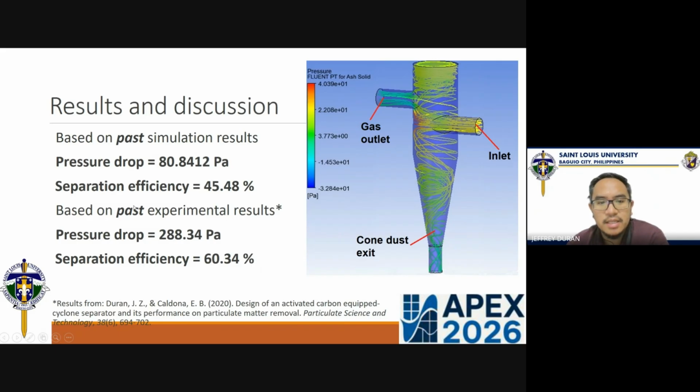Based on the past experimental results, the pressure drop is around 288.34 pascals, and the separation efficiency is somewhere around 60.34. If you could notice, there's a mismatch of the data, so that's what we have worked around.